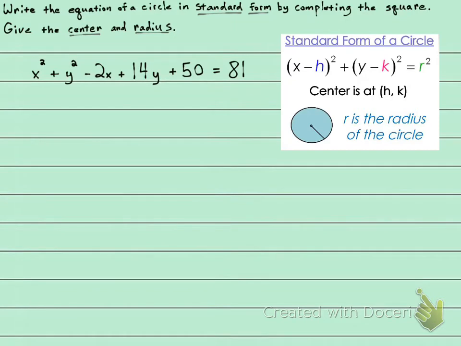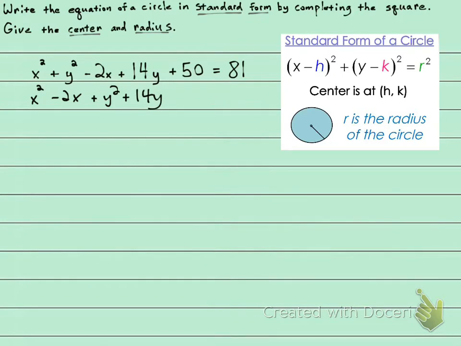So this is what they give us right here, and it's not in the right form. So let's see, this is all messed up. First thing I want to do, let me put my x terms together. So I'm going to move this closer to the x, and I'm going to move this closer to the y, and then I'm going to take this number and put it onto the other side. So let's do that first. So I will have x squared minus 2x plus y squared plus 14y.